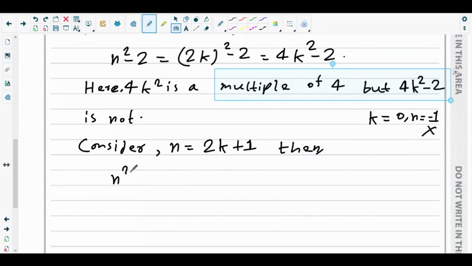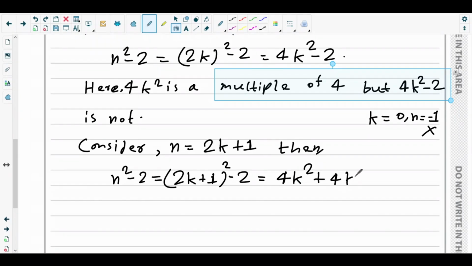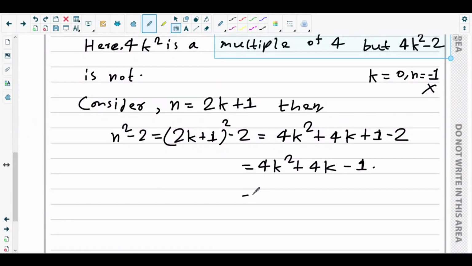So n squared minus 2 equals (2k plus 1) squared minus 2, which is 4k squared plus 4k plus 1 minus 2, that is 4k squared plus 4k minus 1. We can take 4 common, so 4 times (k squared plus k) minus 1.